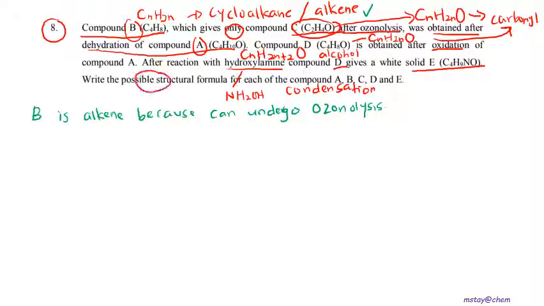So write the possible structural formula for each of the compounds. Okay, so just now we already identified that B is the alkene, because it can undergo ozonolysis. So an alkene with 4 carbons is either 1-butene or 2-butene. But because ozonolysis of B will only give one type of product, which is C2H4O, B is definitely 2-butene.